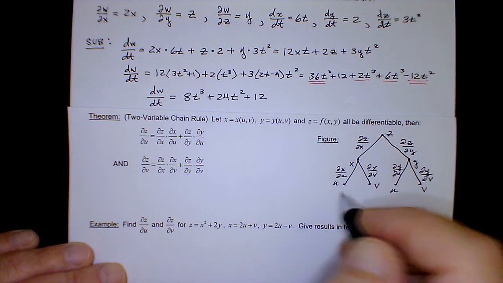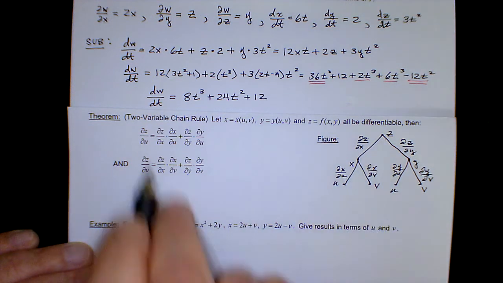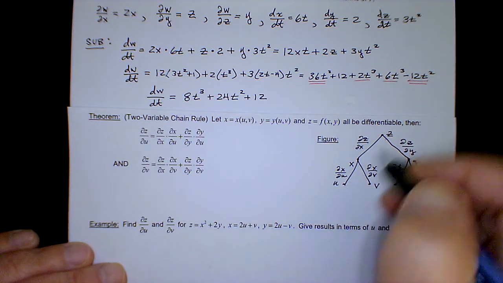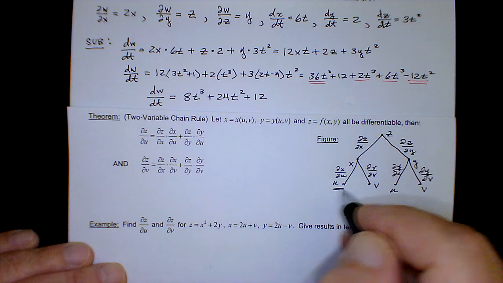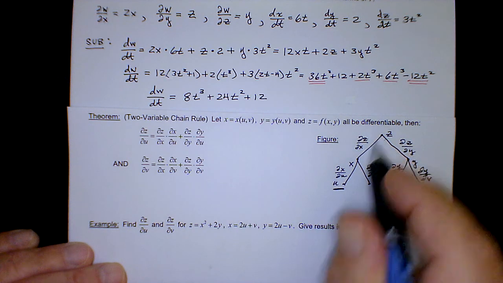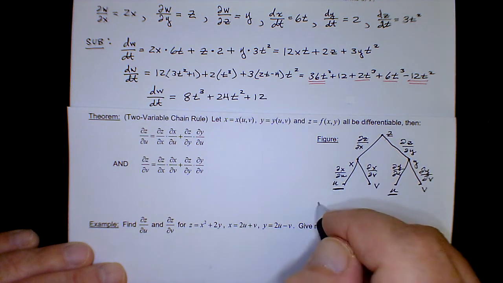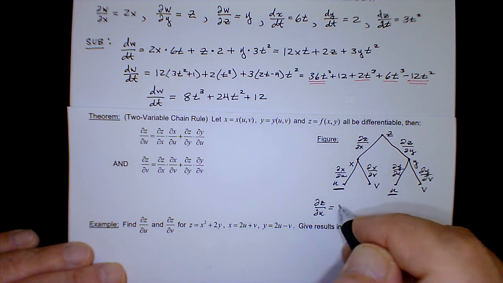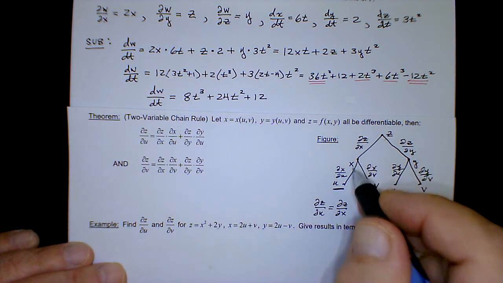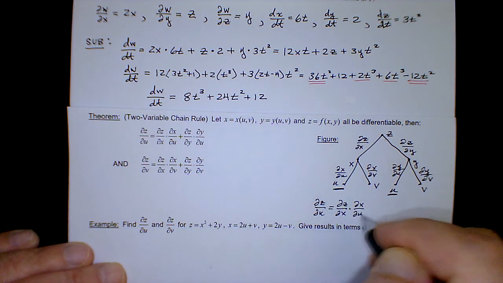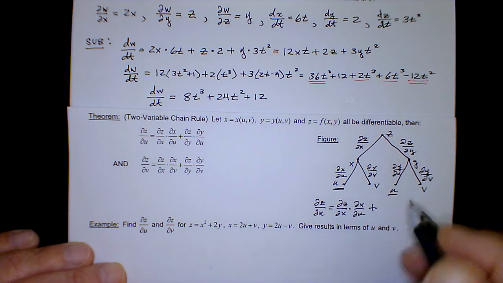So let's say our main goal is to get to the partial of z with respect to u. We'd be following the first branch and the third branch to get to the u. So following the branches, the partial of z with respect to u is the partial of z with respect to x, the first branch, times the partial of x with respect to u, and then plus, similarly, to get to this branch, the partial of z with respect to y times the partial of y with respect to u.